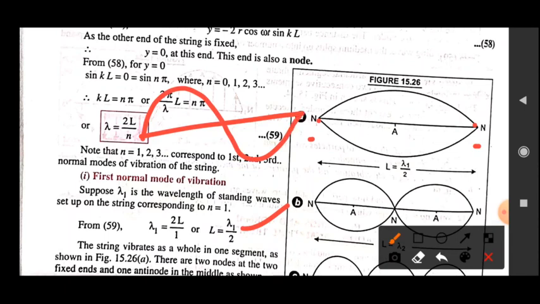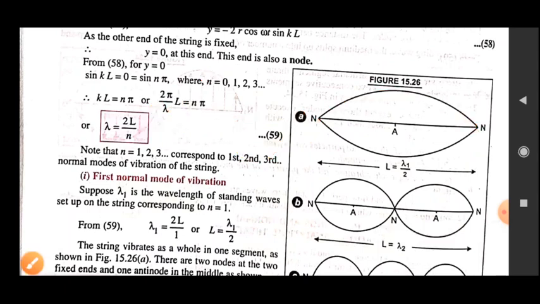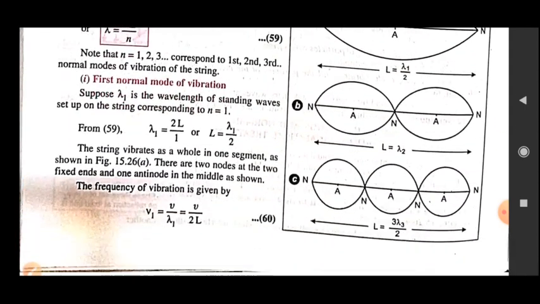The distance in one complete wave is known as wavelength, so it means only this half wavelength we get in the whole figure. So this kind of wave will be generated whenever we have the first normal mode, whenever n is equal to 1, or when the wavelength of the wave generated is equal to 2L.